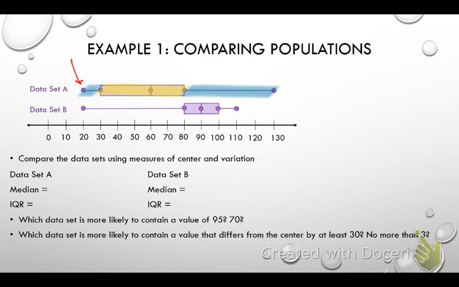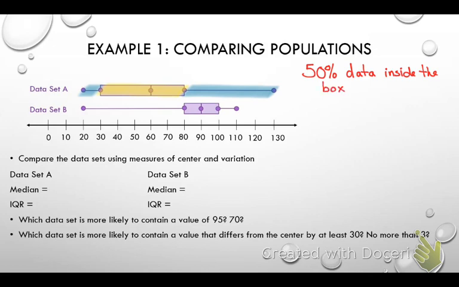Now this is important. You need to write this down. About 50% of the data is inside the box. Okay? The box part of the box and whisker plot.